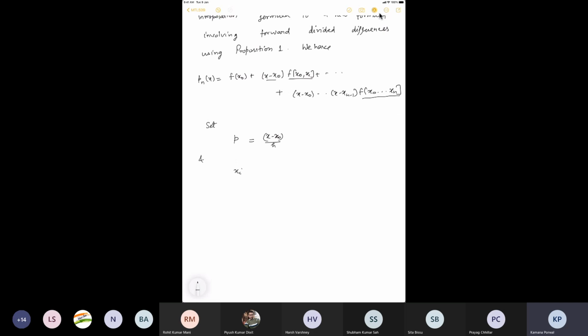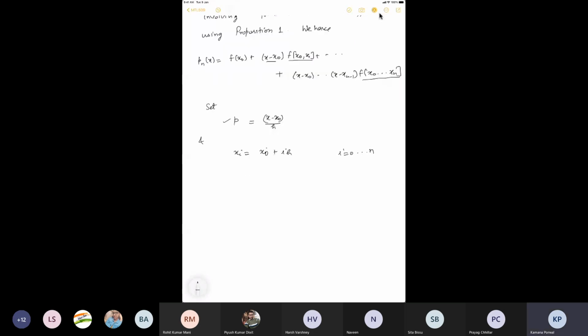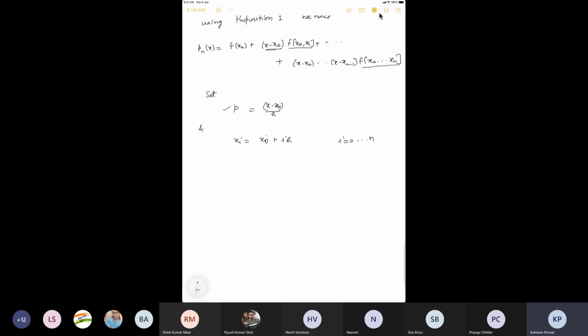That is, we know that any xi is nothing but x naught plus ih. To simplify this formula, in the interpolating polynomial I'll have different products, x minus x naught, x minus x1. Let me take this product for any general k and try to see what happens.